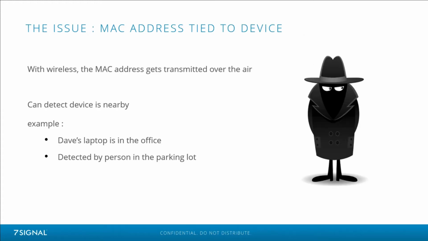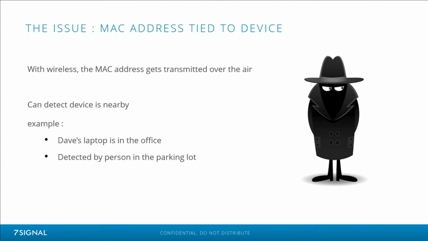So what's the big issue? I think on the wired side, it might not be that big of a deal, but it's a bigger concern on the wireless. The reason is that since the network interface card has an identifier that's actually broadcast out in the air, you could have somebody, for instance, in the parking lot.